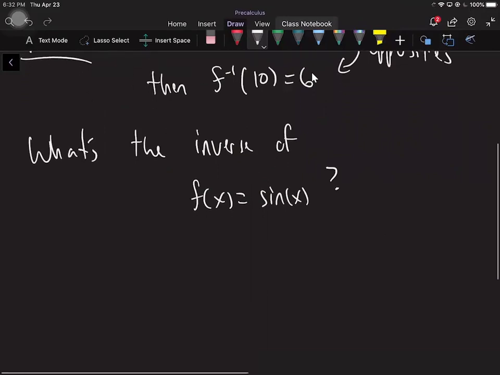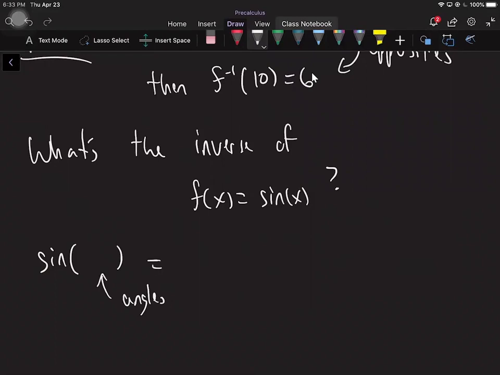So the idea is that sine you should think about as you put angles into it, and then what comes out is numbers. So for example, sine of pi over 4, hopefully you know by now, is square root 2 over 2.